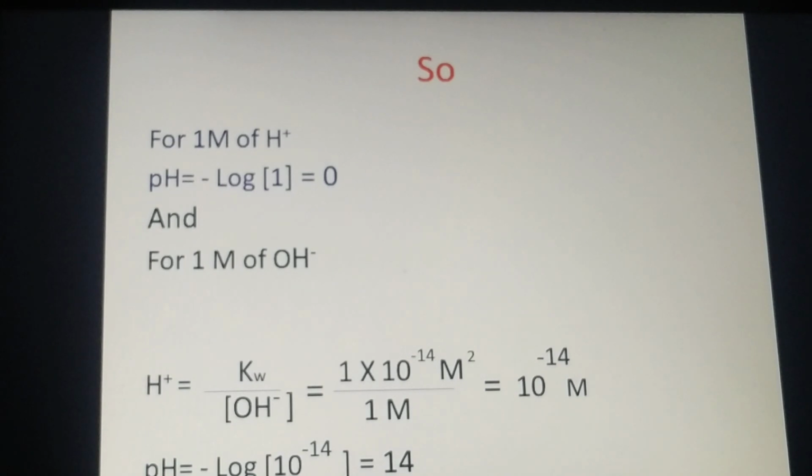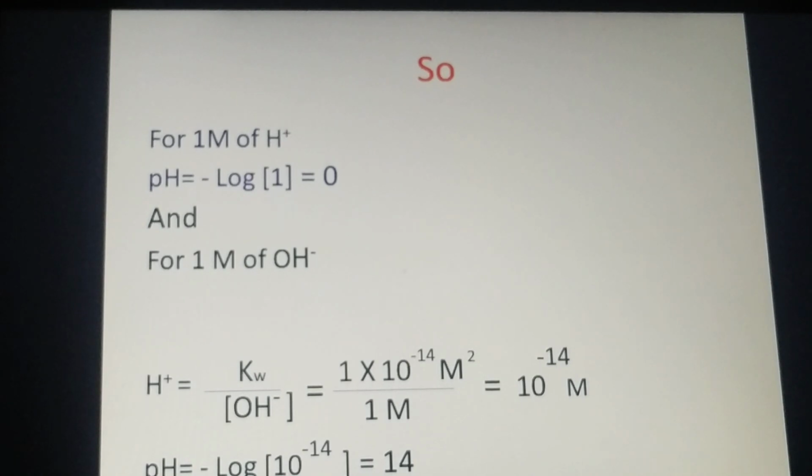Now, for example, if hydrogen ion concentration is 1 molar, then pH is equal to negative log of hydrogen ion concentration, which is equal to 0. This 1 molar hydrogen ion concentration can be further diluted, so the value will be higher than 0. And for 1 molar OH negative concentration, we can find out the hydrogen ion concentration.